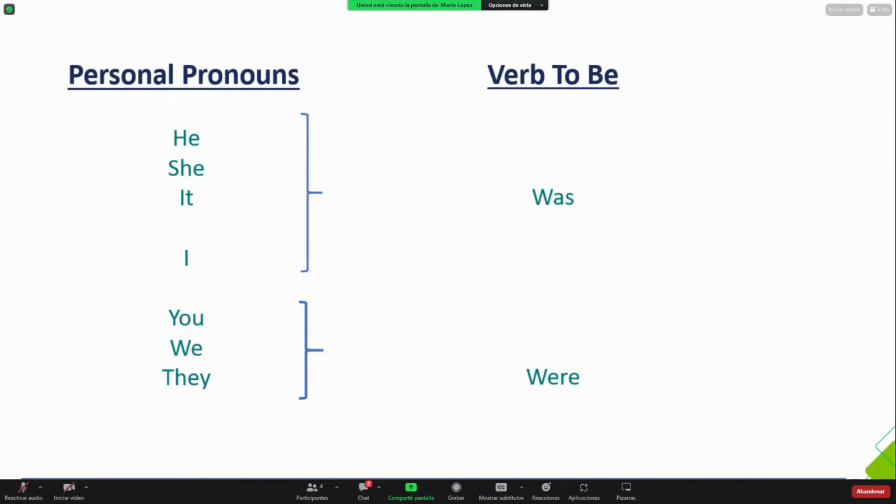Entonces, el was y el were son las formas en que se divide el verbo to be, que ya todos conocemos, ¿verdad? Que es el verbo en español, el verbo ser o estar. Entonces es importante saber esto, tanto los pronombres como las formas del verbo be, para poder utilizarlo en pasado, in past.